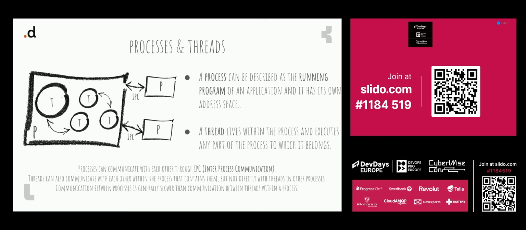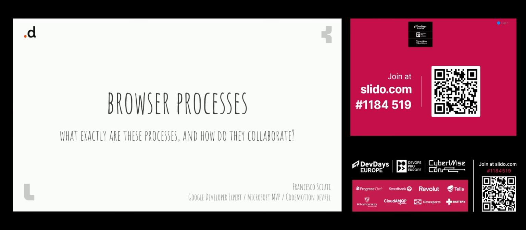IPC is essential when coordination and sharing of information are required, for example in a multitasking application or a distributed application. So a browser is a multi-process architecture or application. But what exactly are these processes, and how do they collaborate among themselves?